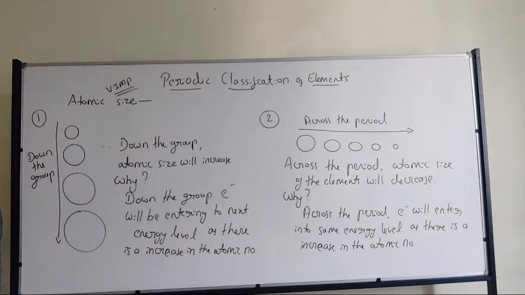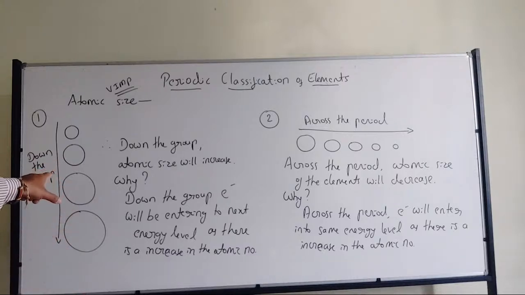All of you have understood? Please remember, this is very important, related to atomic size. If you understand this, many of the properties of the elements in the periodic table you can explain with respect to the atomic size. Any doubts?